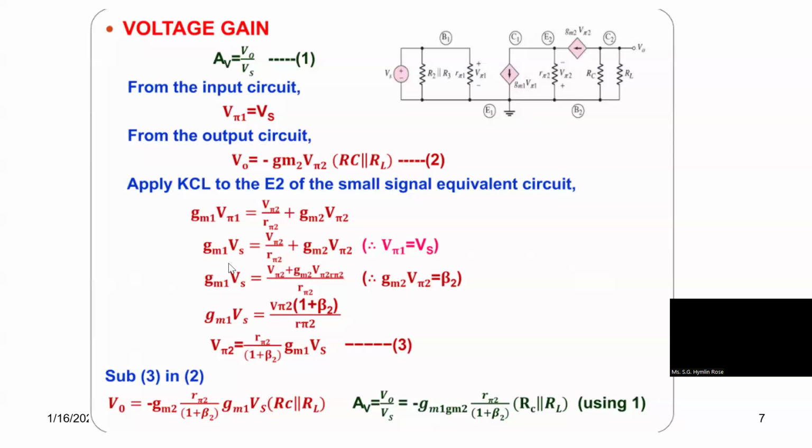From that expression, you can find V pi 2, and we substitute this in equation 2, with simple calculations, using GM2 R pi 2 as beta 2. Now substitute that V pi 2 in equation 2, so it becomes minus GM2 R pi 2 by 1 plus beta 2, GM1 into Vs, RC parallel RL. From this we can calculate V naught by Vs, that is the output voltage gain.